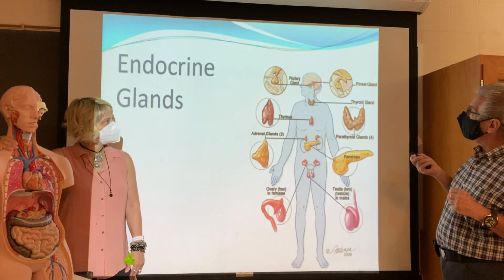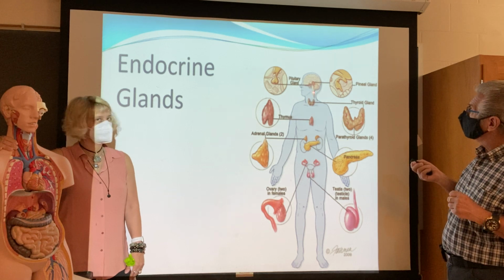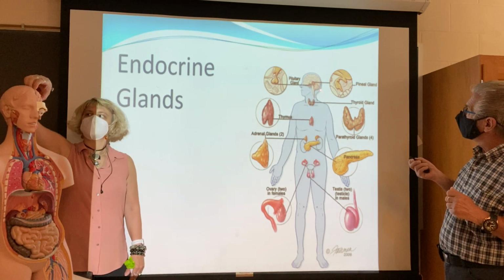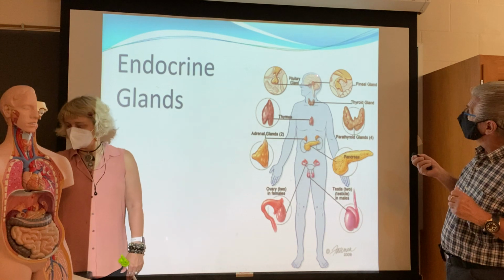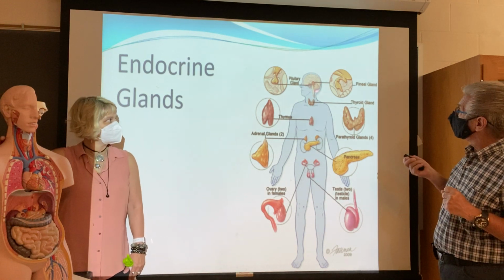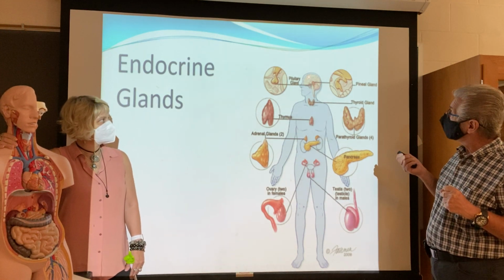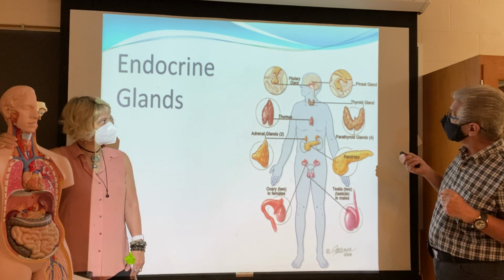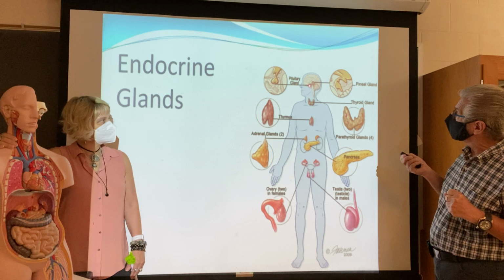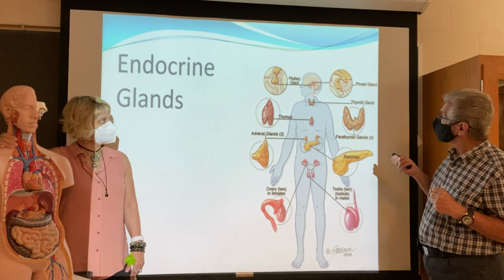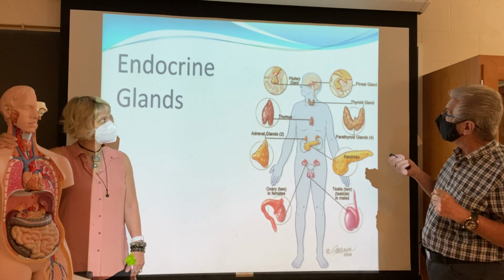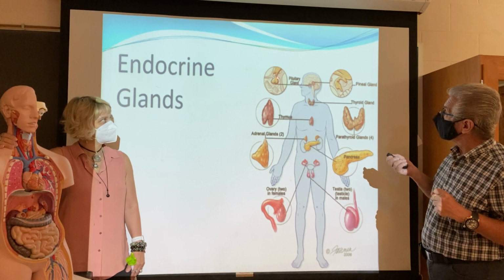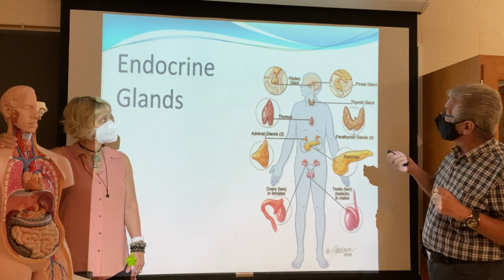In the head, in the cephalic region, we have the brain. Now, what do we have in the inferior aspect of the brain, near the optic chiasm? We have a stalk that extends.